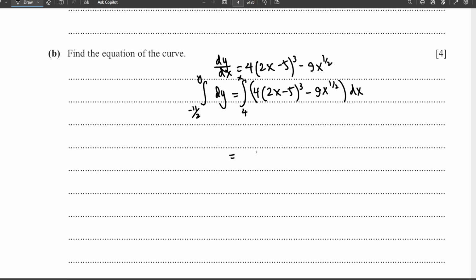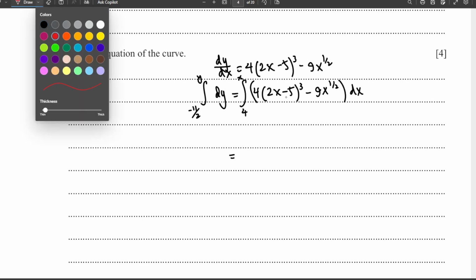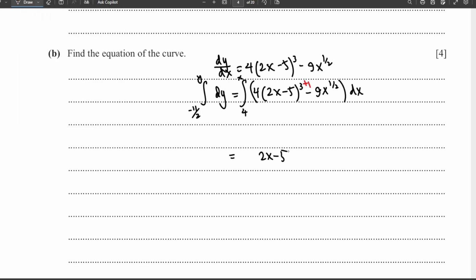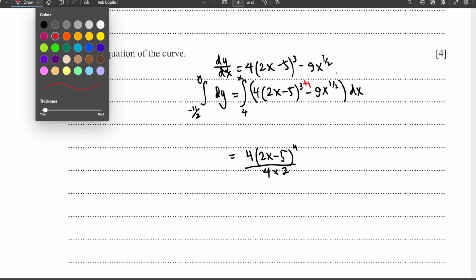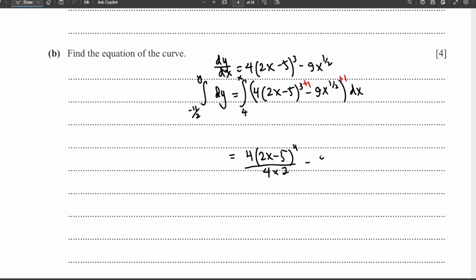So first I will increase the power by 1, so this power of 3 becomes power of 4, (2x - 5) to the power 4, and we divide by the new power, so this 4 remains here, and then we also divide by the derivative of whatever's inside the function, so 4 times 2 down here. And for this 9x to the power half, I will also add 1 to the power, so it becomes 3/2, minus 9x to the power 3/2 divided by the new power, divided by 3/2.